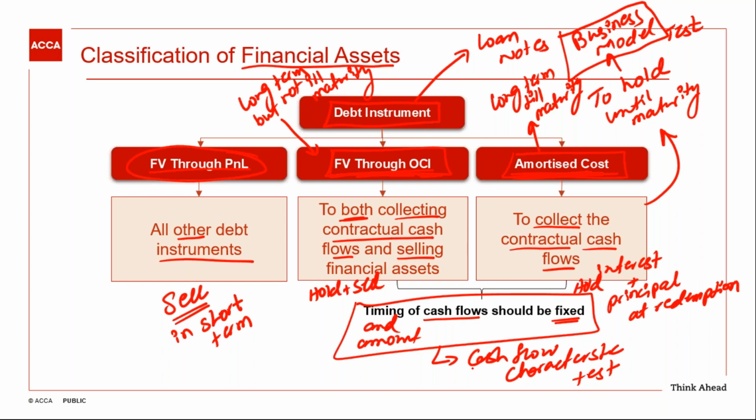CF test means cash flow characteristic test. Johnson, cash flow characteristic test means that if an instrument has a fixed timing and amount of cash flows, it passes the cash flow characteristic test.